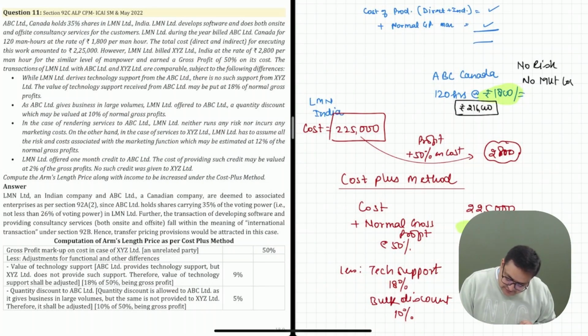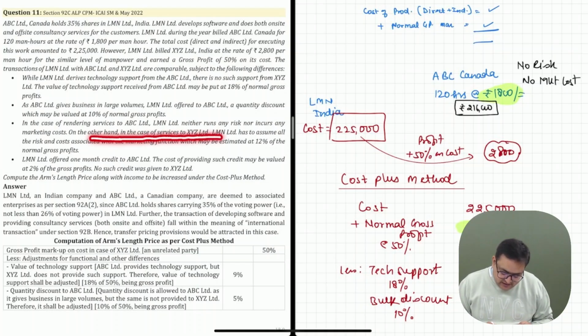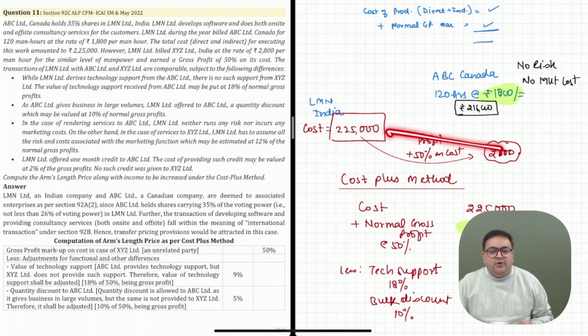Whereas on the other hand, in case of XYZ Limited, Element has to assume all the risk and cost associated with the market function, which may be estimated at 12% of the normal gross profit. Okay. So whenever we are giving these services to an unrelated party, there is risk also.